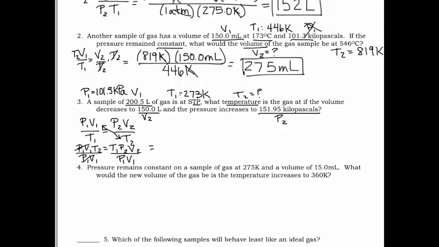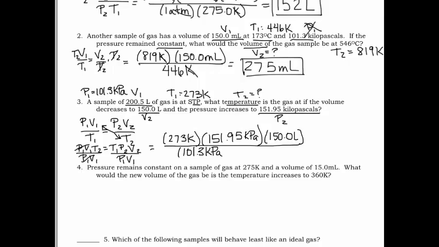So we have T1 at 273 Kelvin. P2 was 151.95, whoops, 5. See, I write numbers wrong, not letters. 5 kilopascals. And then V2 is 150.0 liters. In the denominator, we have P1, which we picked in kilopascals because the other unit we were given was kilopascals.